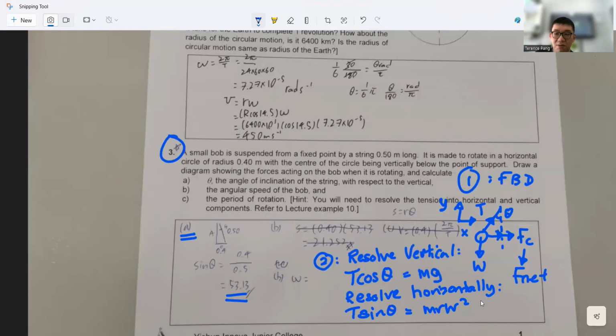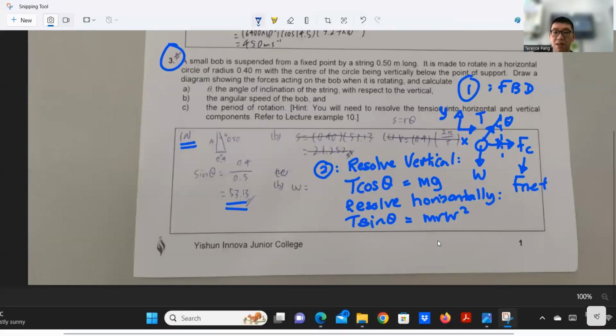In the beautiful world of H1, H2 A-level physics, you've got to learn how to divide. If you set this as equation 1 and this as equation 2, you can divide 1 over 2. That gives tangent theta.